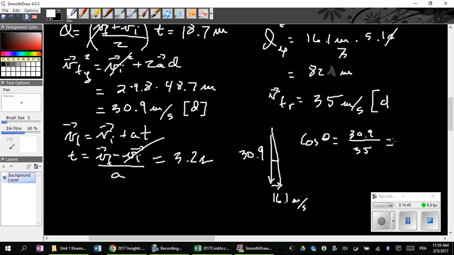And then inverse of that, 30.9 divided by 35, inverse cos. I get 28.5, 28 degrees, perfect. So it's 28 degrees, right. And the book gives 62, right? They flip it, right? So in the book they find this angle, but I explained to you guys, I want it relative to down or to north or to up. Okay, so we're done.